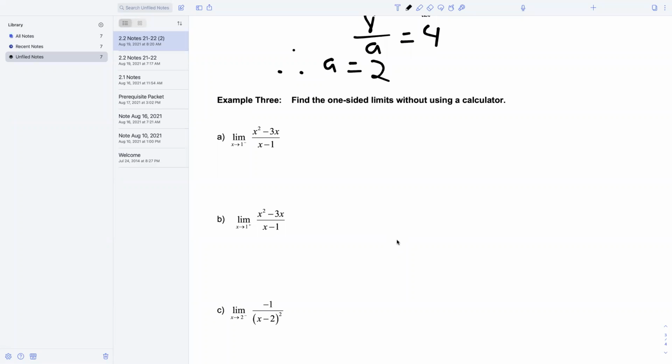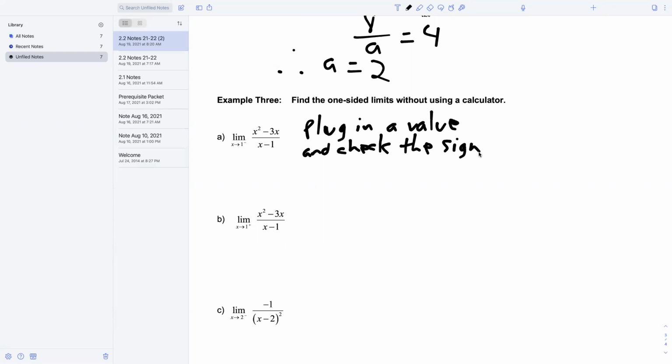So here's what we're going to do. I'm going to plug in a value and check the sign. If there's a vertical asymptote here, that means the function is either going to positive infinity or negative infinity. So again, I'm going to plug in a value and check the sign.